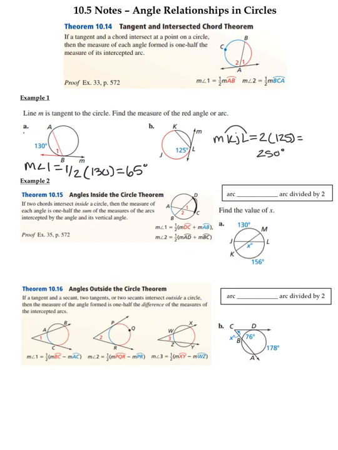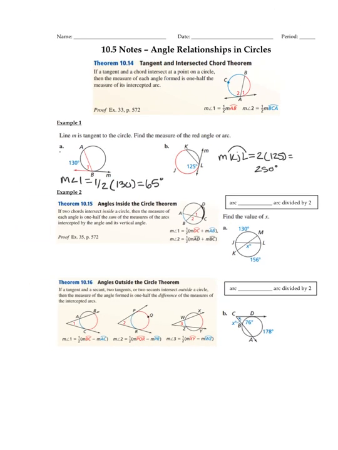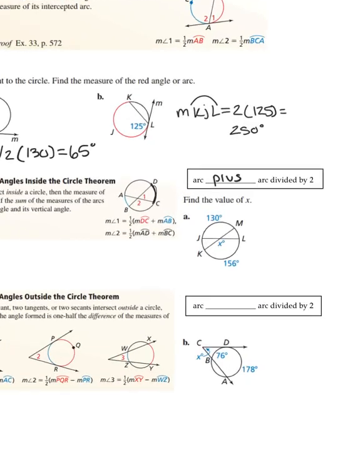Now, if we know the measure of angle 1, then we also know the vertical angle across from it as well, right? Now, if we were looking at the measure of angle 2, then that would be the measure of arc AD plus the measure of arc BD divided by 2, all right? So, in other words, you're going to do the arc plus the arc, and then you're going to divide it by 2. Okay, so let's look at example A.